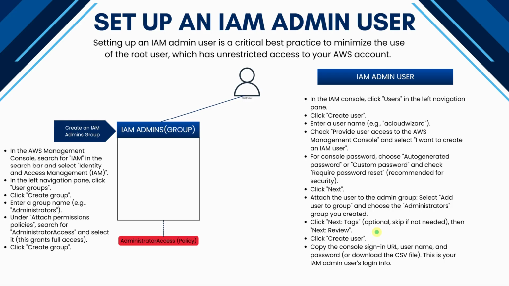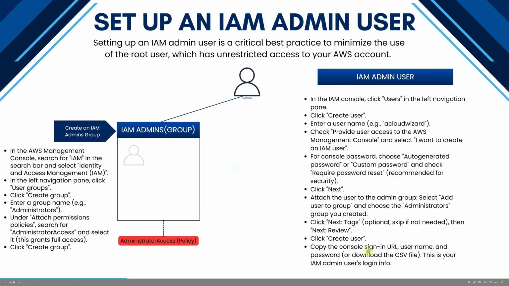Okay, we're going to go back to our screen. And here we are back here and gone through all this. We've created our IAM admin user. And at the bottom here it says copy the console sign-in URL, username and password, or download a CSV file, and that's your admin user's login info. So that's the one now you need to use.